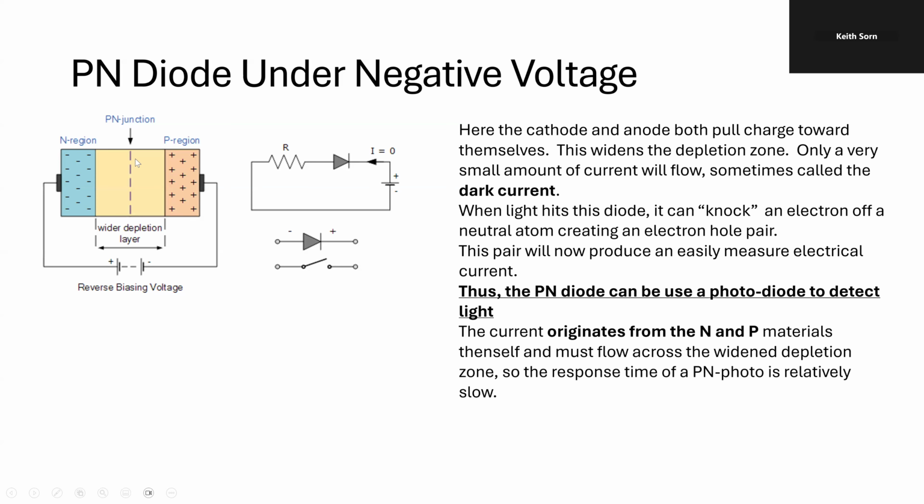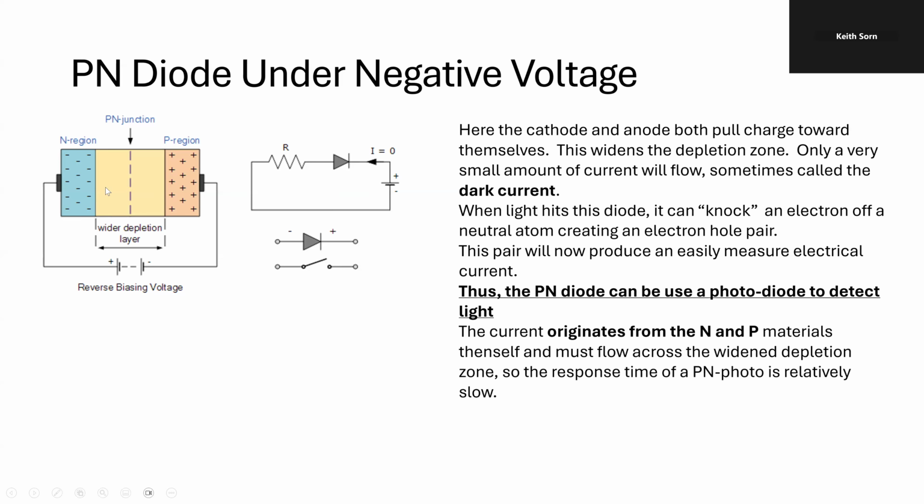So we have a current due to a piece of light ionizing an atom. Now, note that this means that my PN diode can be used as a photodiode. And the most important thing to notice about the PN diode is that the current originates from the P and N materials themselves.